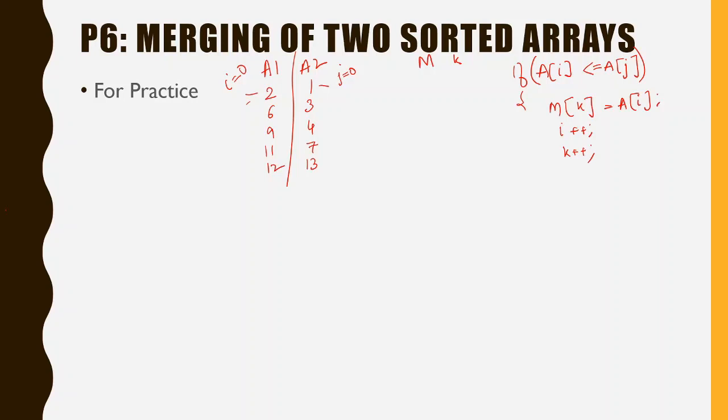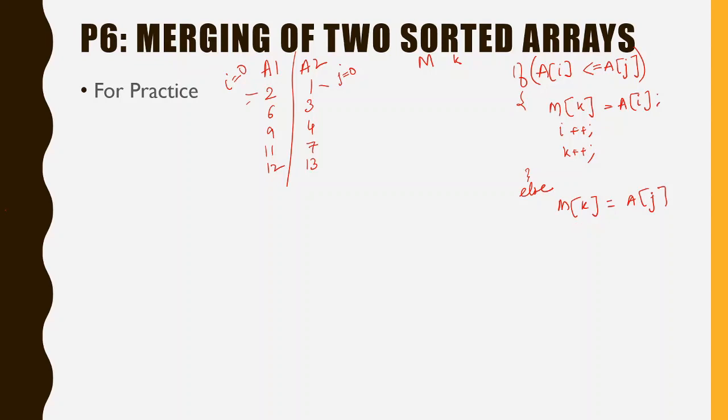You have to increase k so that it can be stored at the new position, and otherwise it has to be the other position. Otherwise, you also have to write else, where the condition is ai is greater than aj. In the reverse condition, that particular location gets the number aj.